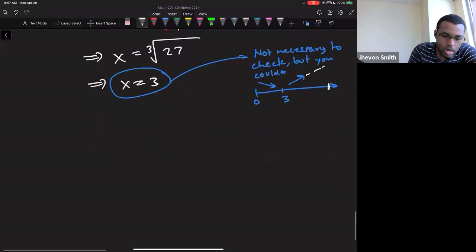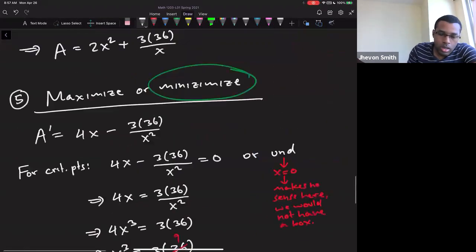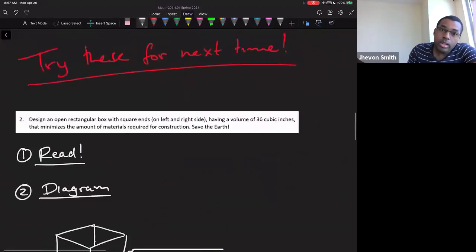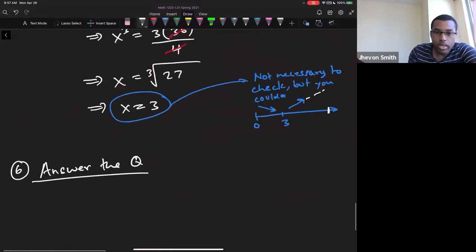So that leads us to step 6. Answer the question. Question said to design a rectangular box, which means we want to tell them the length, the width, and the height.